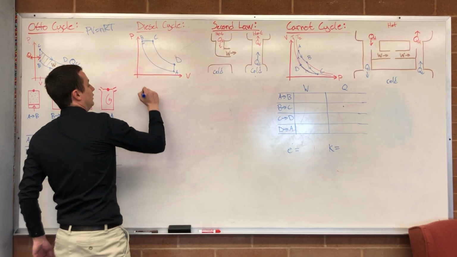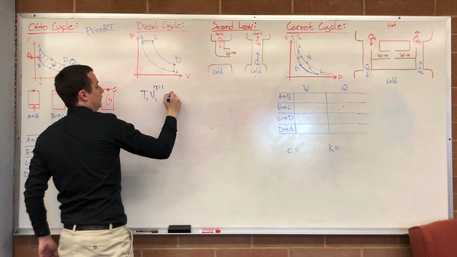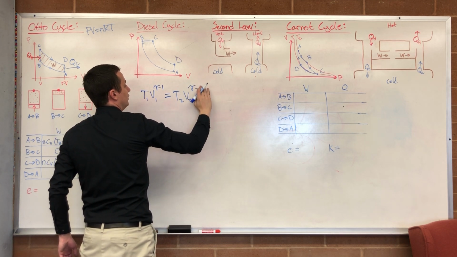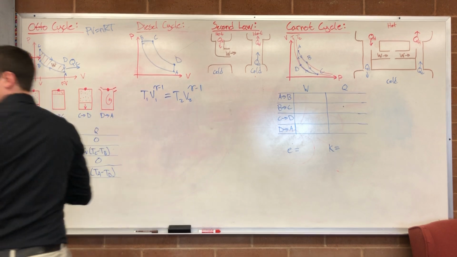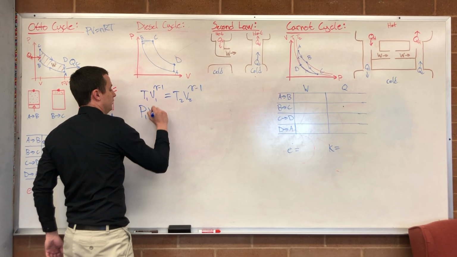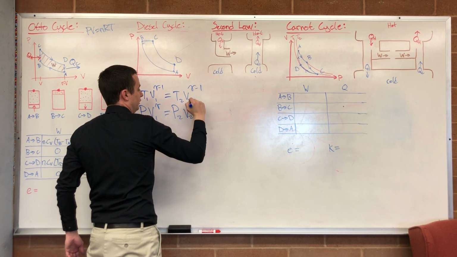Alright, so we know that T1V1 to the gamma minus 1 is equal to T2V2 to the gamma minus 1. So we have that relationship, and we also have, for pressure, P1V1 to the gamma is equal to P2V2 to the gamma.